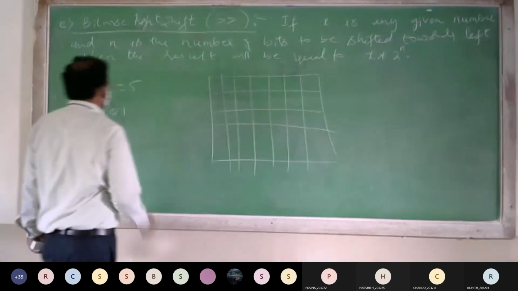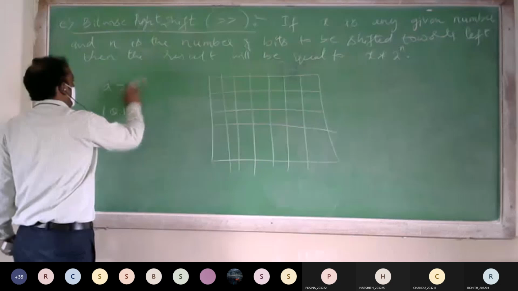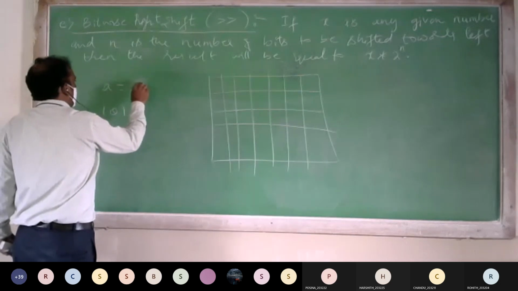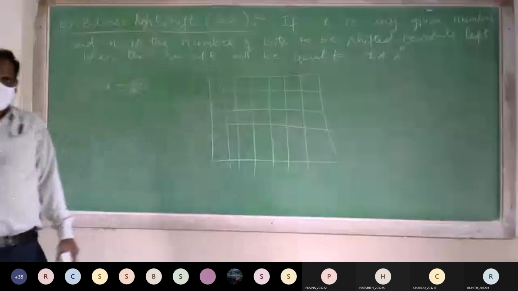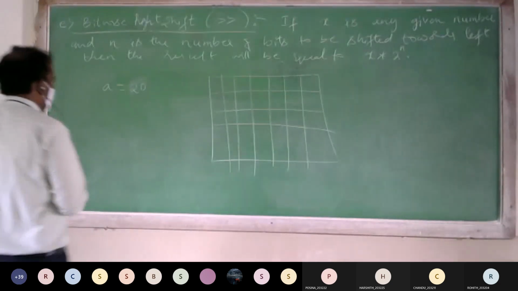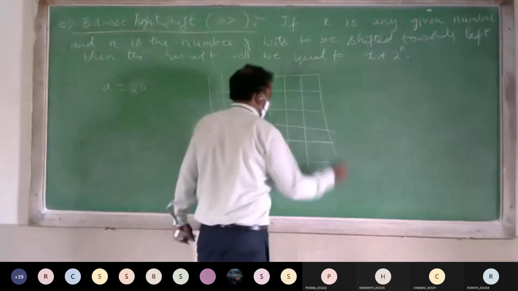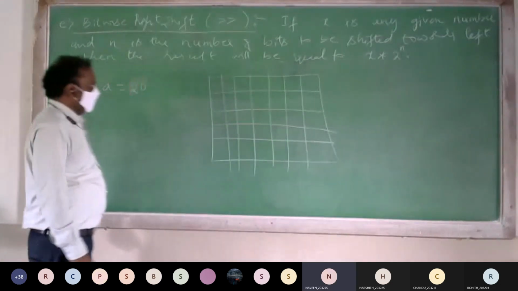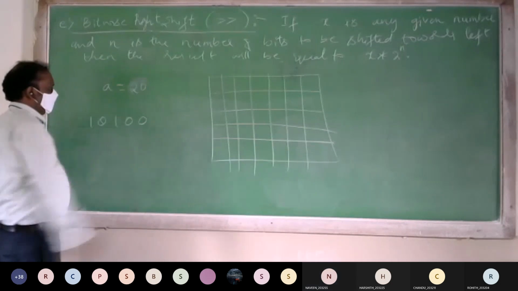We shall take some bigger number. A is equal to 20. How is 20 represented in binary? 1 0 1 0 0.